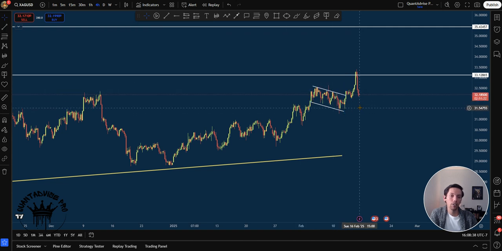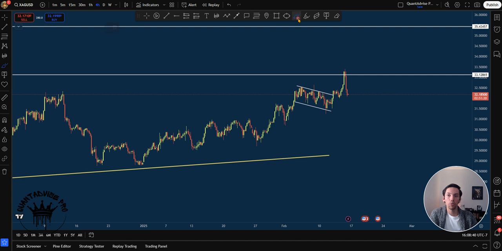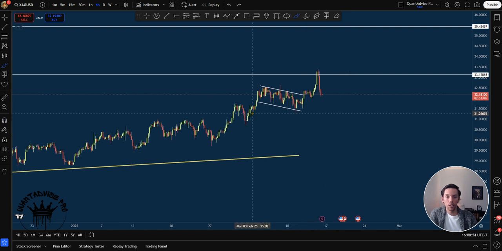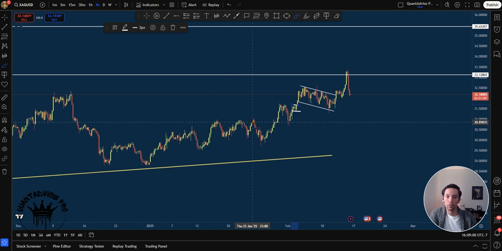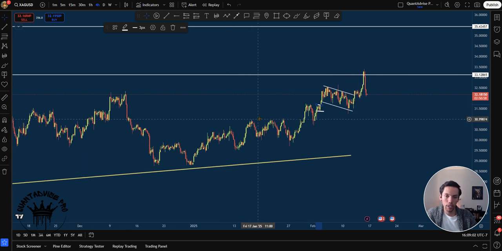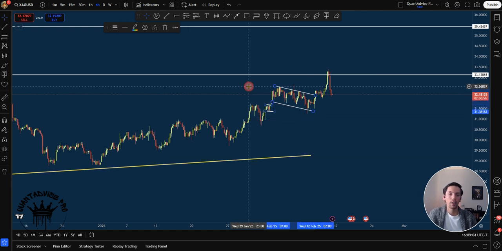And then not only did you get a flag, but I'm going to show you when I drop down into our 15-minute, there's a flag here that you would have taken your buy entry off of into this area. And as soon as it tapped in this area, you're out of the market and price drops back down. Quick and simple play. There's also a trade here, and then I think there was a nice liquid zone in the spot too. So let's go ahead and check those out further.